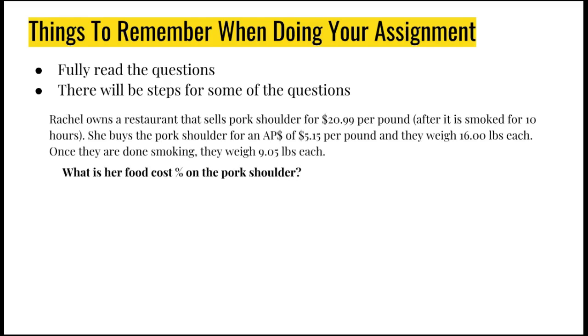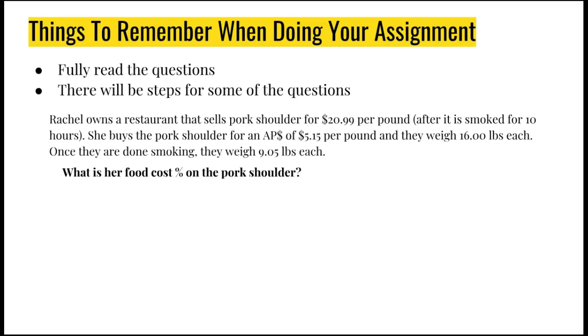So say I own a restaurant that sells pork shoulder for $20.99 per pound after I did a fabulous job of smoking it for 10 hours. I bought that pork shoulder for an as purchased price of $5.15 per pound, and they weighed 16 pounds when I first got them. But I've been smoking them for 10 hours.